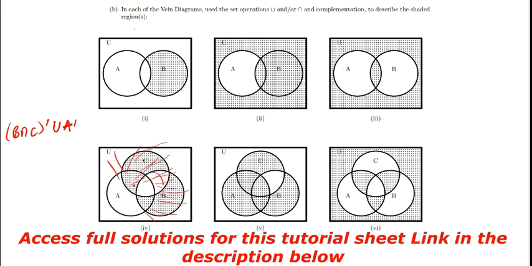So this white part has already been taken up by that part. Then when we add the A, we are going to use that. So we're going to have B intersection C complement, then union A complement as well. So that is what we're going to get for this question.